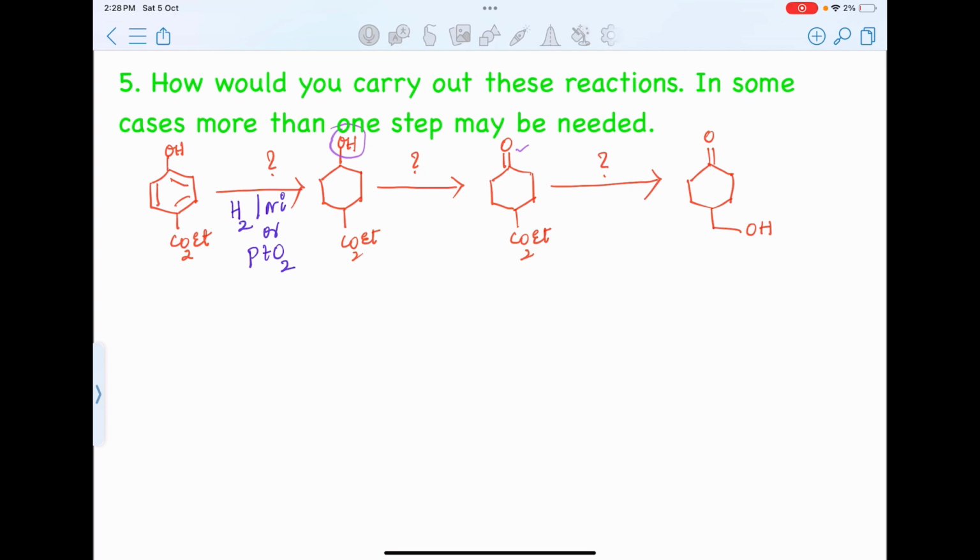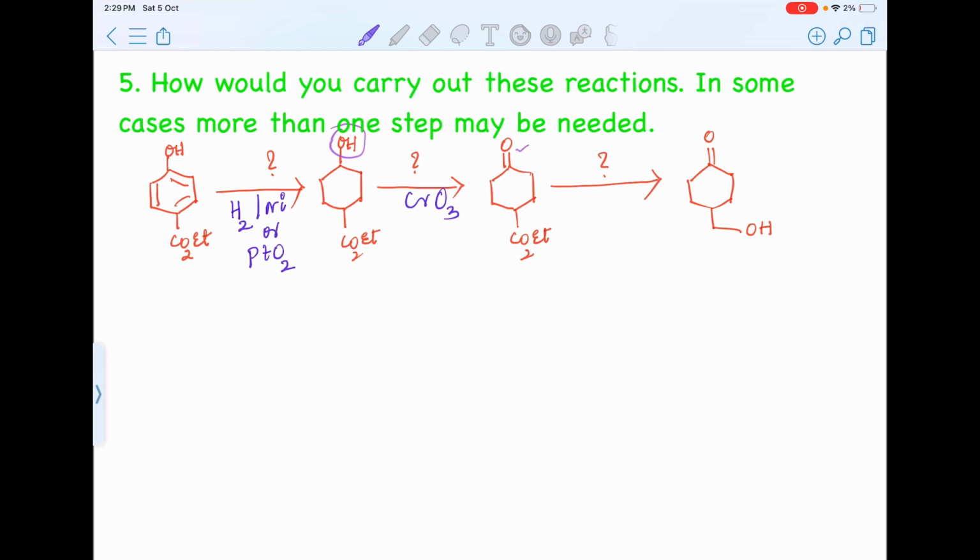And in the second step, this hydroxy group is oxidized to a ketone. This is a straightforward oxidation reaction where the chromium oxidants can be used, either chromium trioxide or chromic acid or any other oxidizing agents can be used.